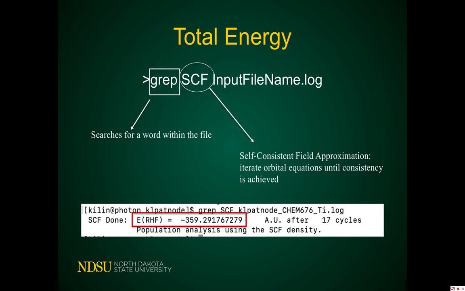So here we have the command that we're going to be using in order to extract information, which is grep, G-R-E-P, which essentially just tells your computer to search for a specific word within the file. So the part that follows that for the total energy is going to be SCF, which stands for self-consistent field approximation. This iterates orbital equations until consistency is achieved.